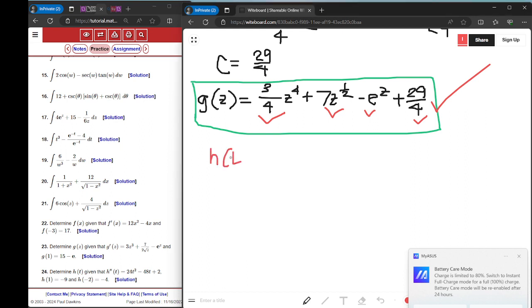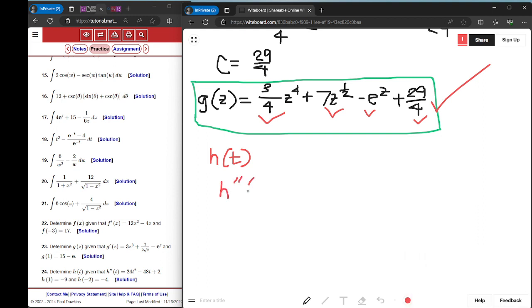We are looking for h of t, but the given is h prime of t. So the integral of h prime of t is h prime of t plus c.